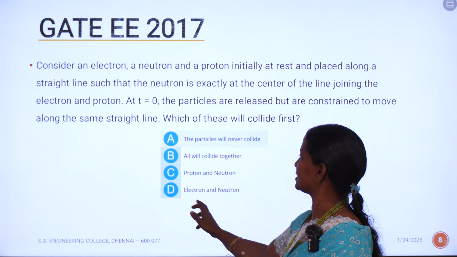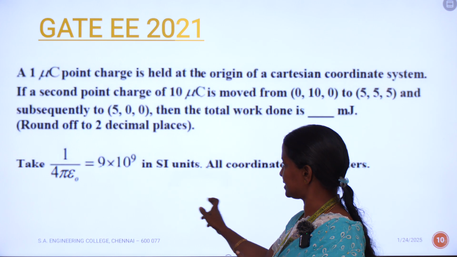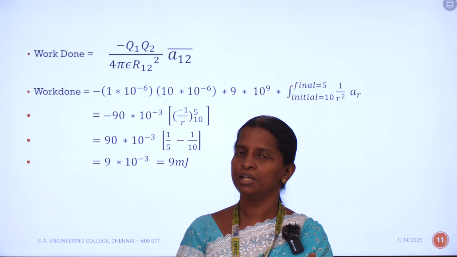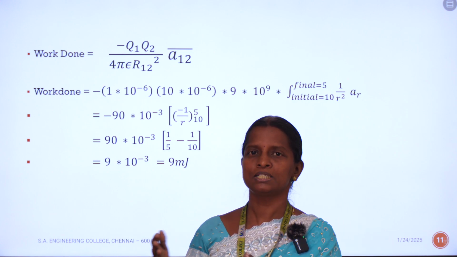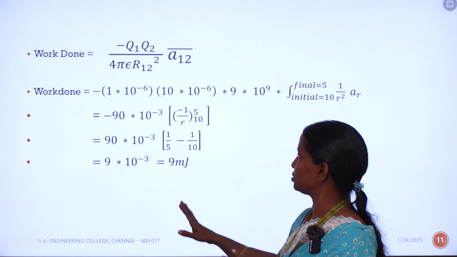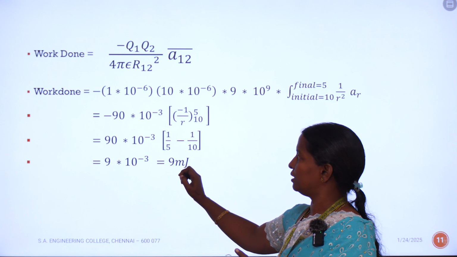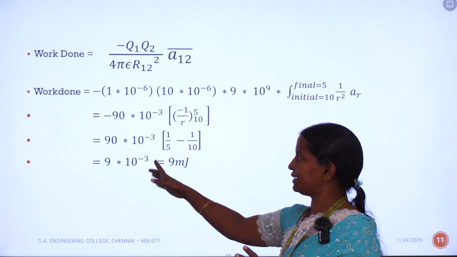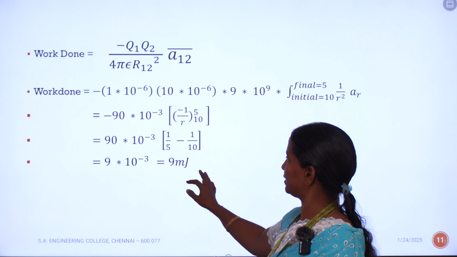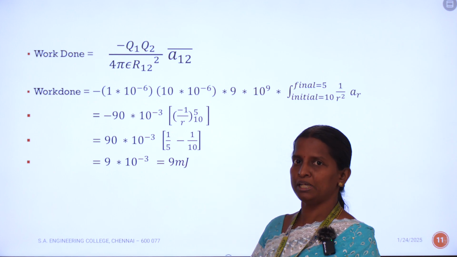But in this case we have to give at least 9 point something, or otherwise 8 point something. If it is around 8.8 to 9.2, they will give the full marks. Otherwise there will be negative marks. So it is an important thing. And also it is not necessary to represent 0.009 and all. We can give it like that also. It is enough: 9 millijoule like that.